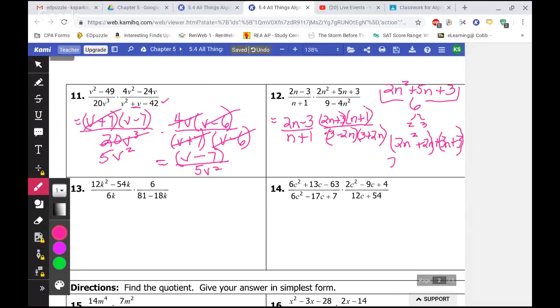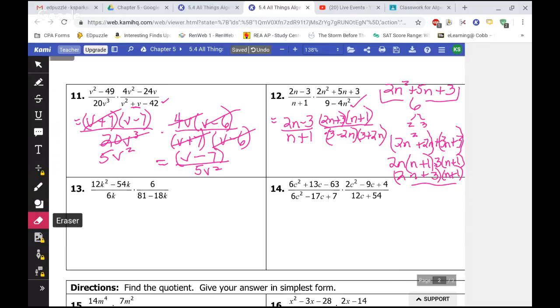I did it the way you did it before. Oh, you did? And you're good with that? Okay. You're still going to get 2n plus 3 and then n plus 1. But I just wanted to make sure I showed both ways of factoring, because this is the math lab for both classes. This is the other way to factor that same thing on the top. Anna, you may like this method better as well.